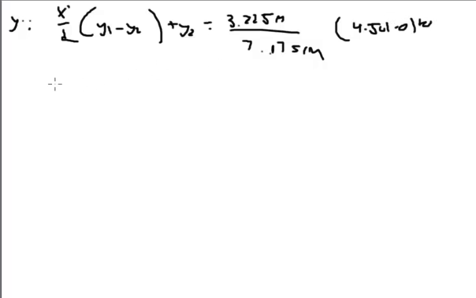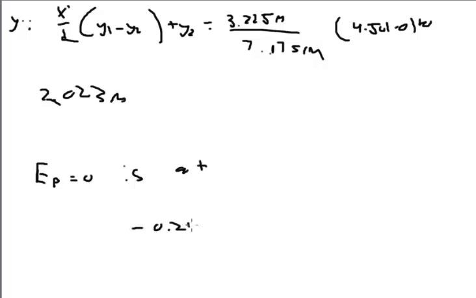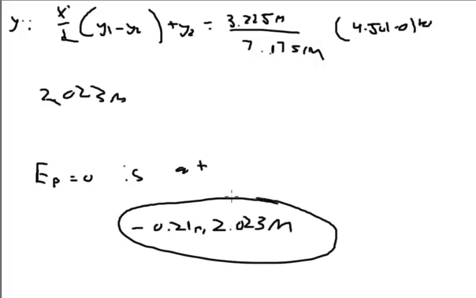So you should get 2.023 meters. So we know the point where electrical potential is 0 is at negative 0.021, 2.023, and there we have it, and that's it.